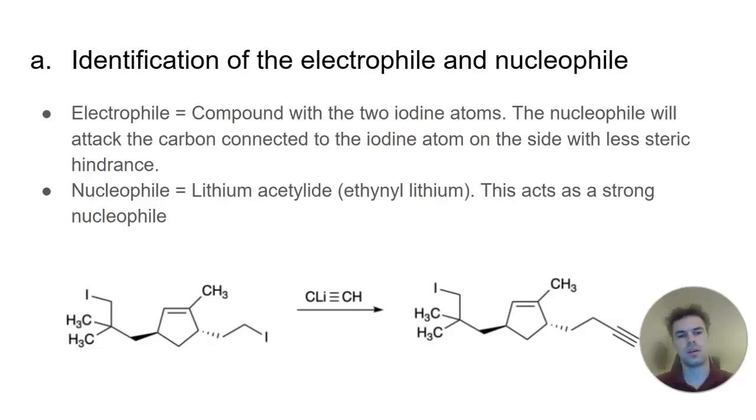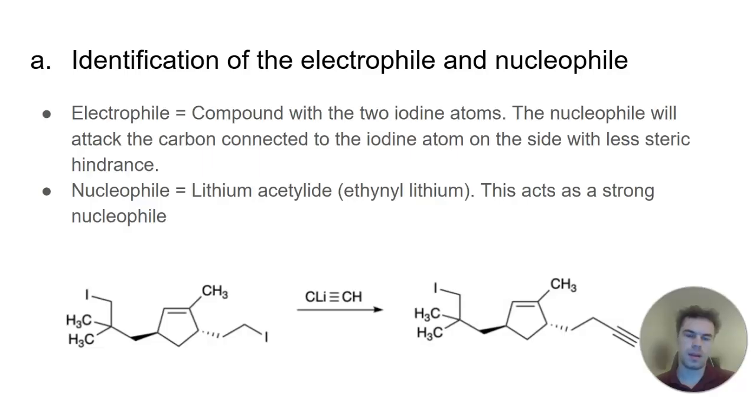In order to do this, I looked at the two compounds in the reaction, and I decided that the molecule that included the two iodine atoms would be the likely electrophile, and then the lithium acetylide would be the nucleophile because of its highly nucleophilic nature, with the lithium being paired with the triple bonded two carbon molecules.